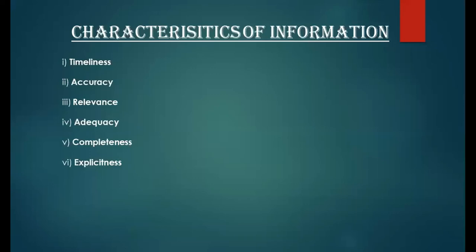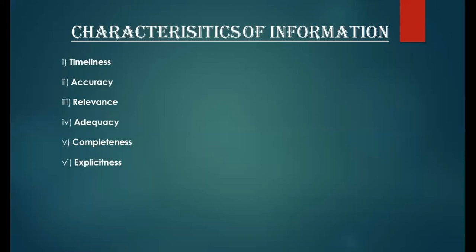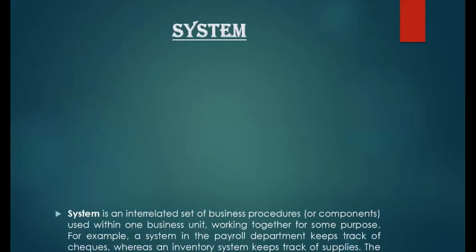It should be complete in itself because incomplete information may mislead the decisions. Next is explicitness. Explicitness is the explicit or particular or specified information related to some current situations. This is what we have about information.